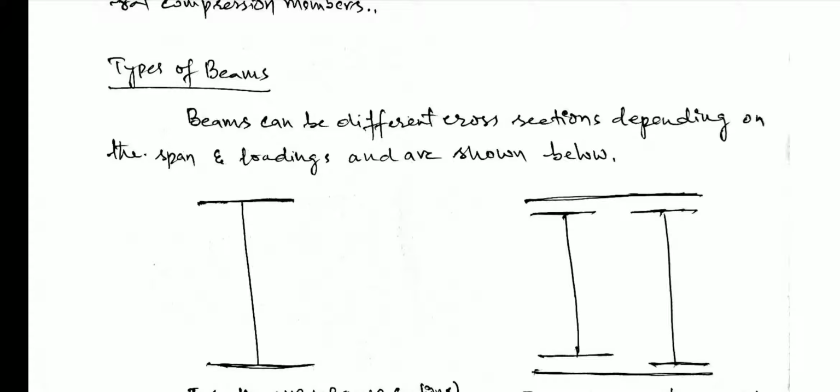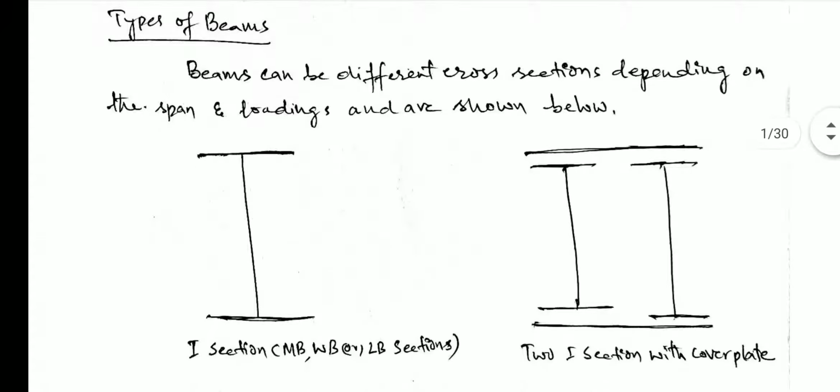The first diagram shows the I section. The I section is designed for column also, for beam also, but mainly we have to understand that ISHB is preferably used for column. So you can't design ISHB as a beam.